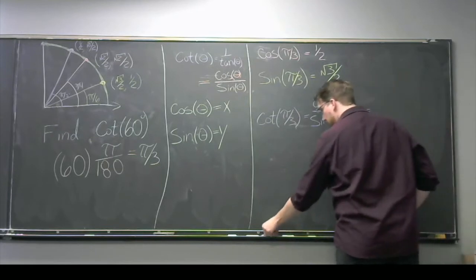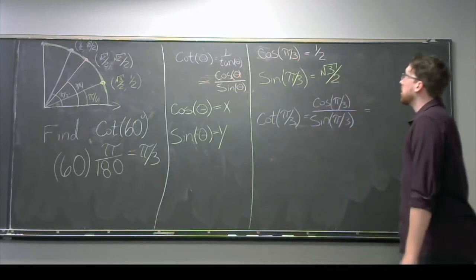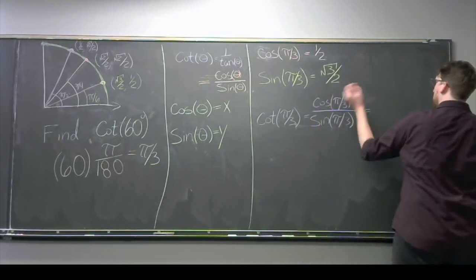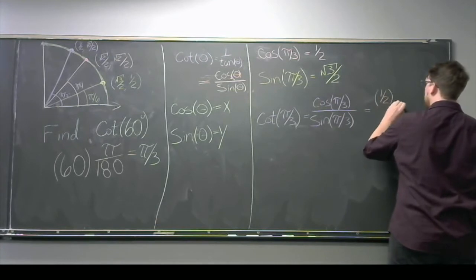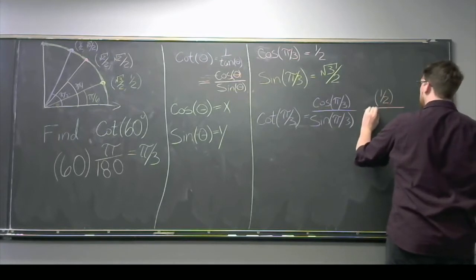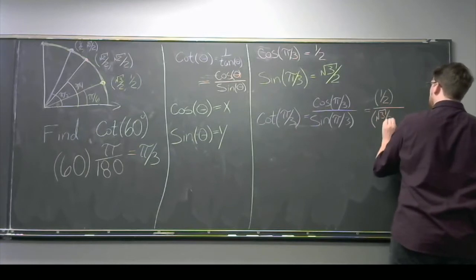And we now know that that whole fraction would be 1/2 divided by the fraction square root of 3 divided by 2.